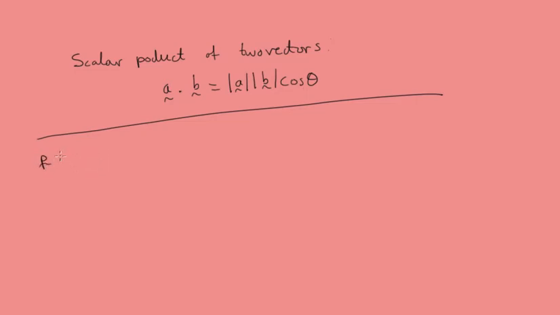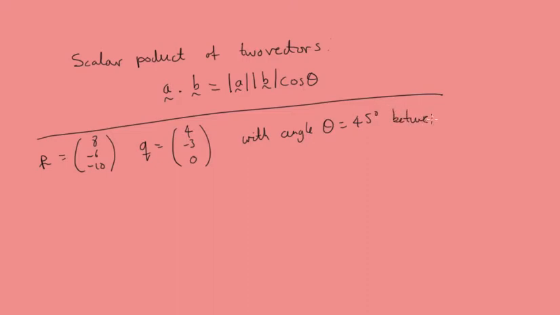So we've got vector P, which is 8, minus 6, minus 10, vector Q, which is 4, minus 3, 0, with angle theta equals 45 degrees between the vectors. Find the scalar product.